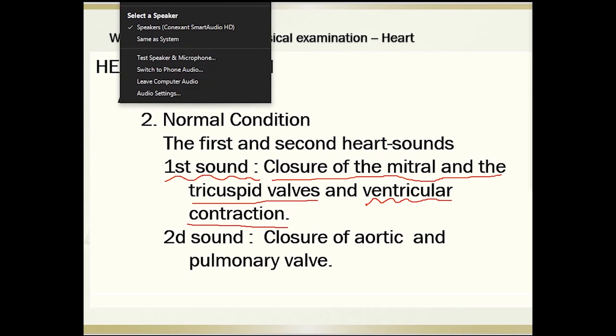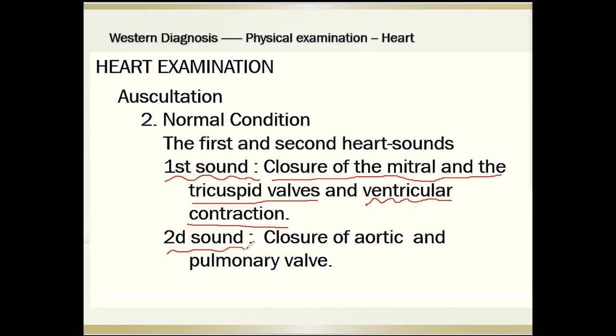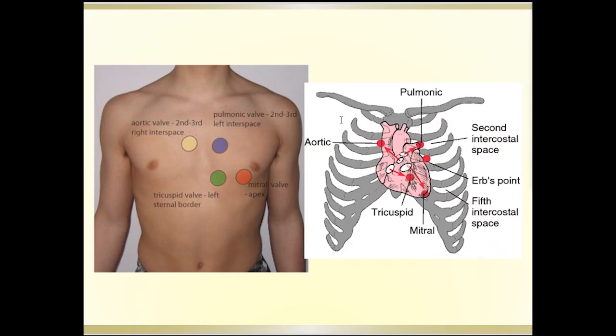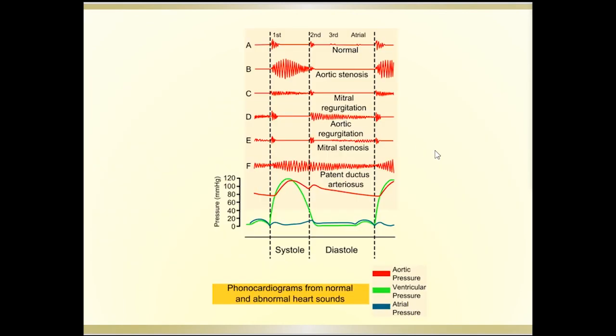And then the second sound is the closing of the aortic valve and pulmonary valve. So that's where the first sound and the second sound come from. Occasionally we can hear a third sound, but a sick third sound and a normal third sound are certainly different. We are not going to that detail.